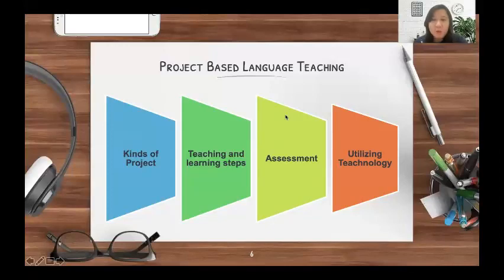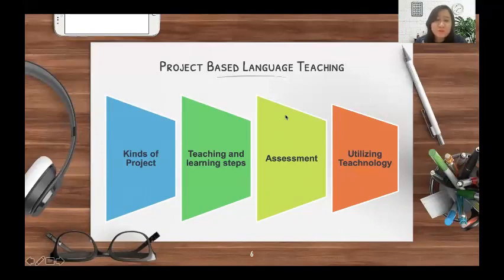In language teaching, a project can be done in various ways with various purposes. The project can be a product, a presentation, or a performance. In improving students' speaking skills, students can be assigned to do projects such as performing drama, doing online presentations, or presenting products.